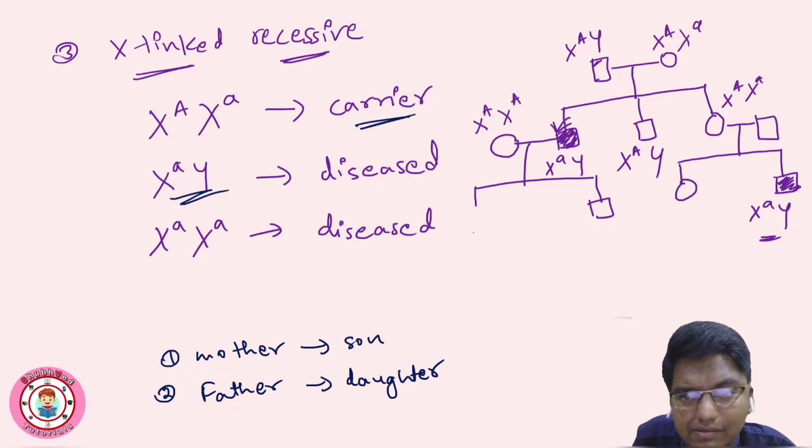See, all males, suppose I draw two males and one girl child. Males will get Y from this father, so they will have no disease. The girl will also have no disease, no trait will be expressed. But the condition will be like this, because this X is from this side and one X from this side, so XA, XA.